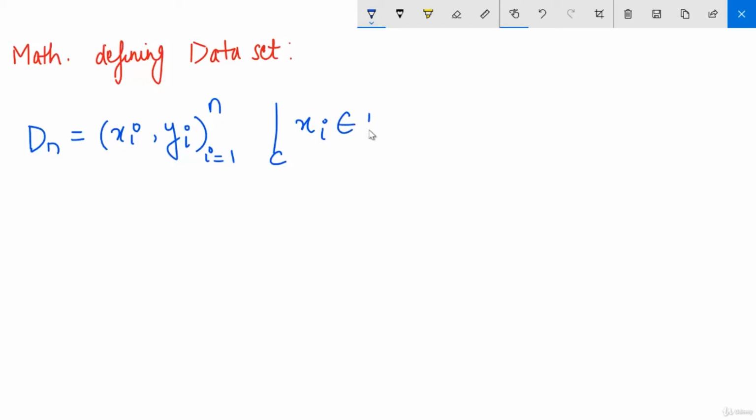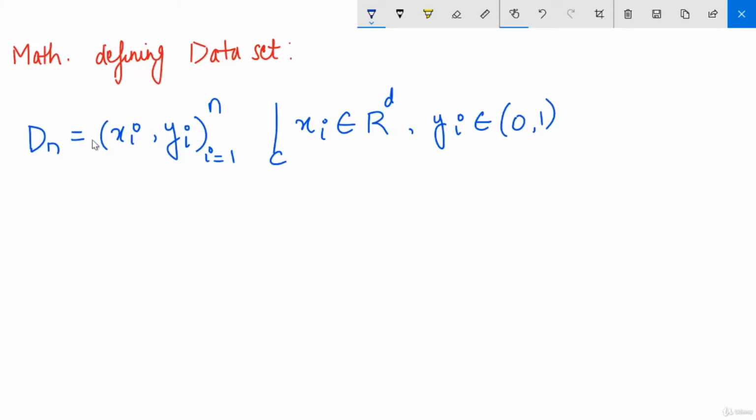such that xi belongs to real numbers of d dimension, and yi belongs to, if we take this example, let's say {0, 1}. Okay, so this is our mathematics. This is how mathematically we define a data set. If I want to give a definition to this equation, my data set will have xi and yi, where xi will be our input, like what we provide, like if we take the Gmail example, the words we provide to detect the spam.